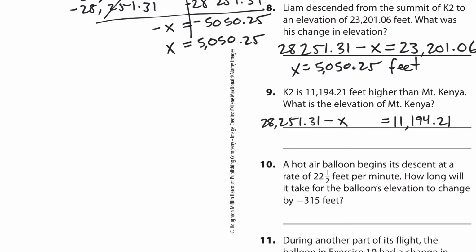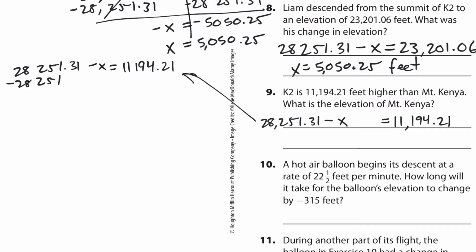So when we solve this, I'll show you here. These huge numbers are so tough. 28,251.31 minus x is equal to 11,194.21. That was our equation taken from there. And we need to subtract 28,251.31 just like we did before. These cancel. We have negative x again.